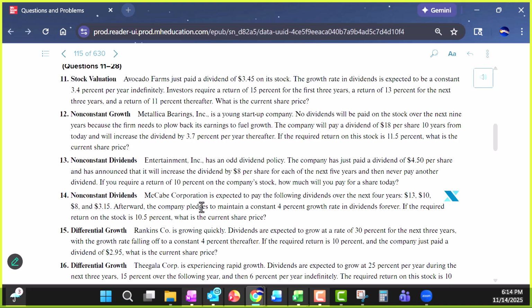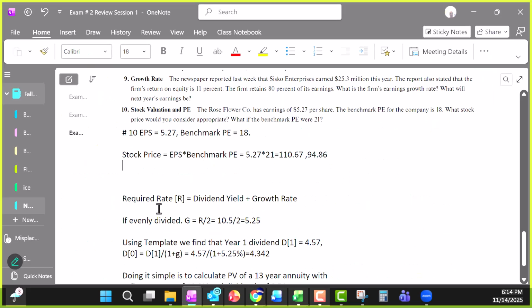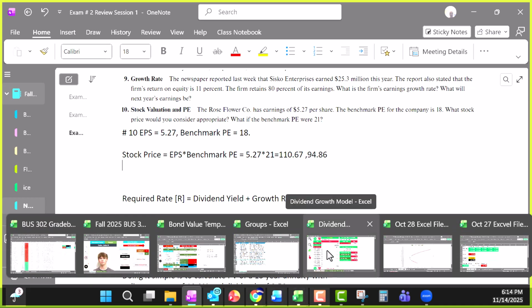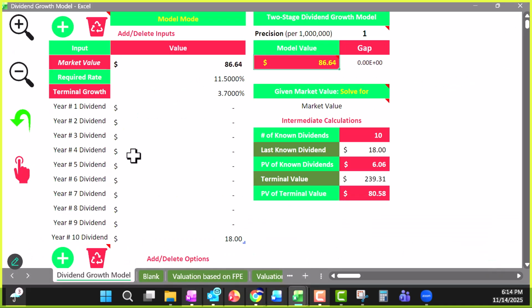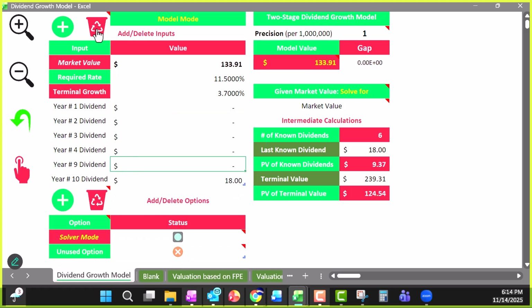Okay, let's do this one. The corporation is expected to pay the following dividends over the next 4 years: 13, 10, 8, and 315. After that, they pledge that they're going to increase the dividends by 4% growth rate. That's the required rate of return. What's the current share price? Again, I know the first 4 years, so I'm going to get rid of these rows.